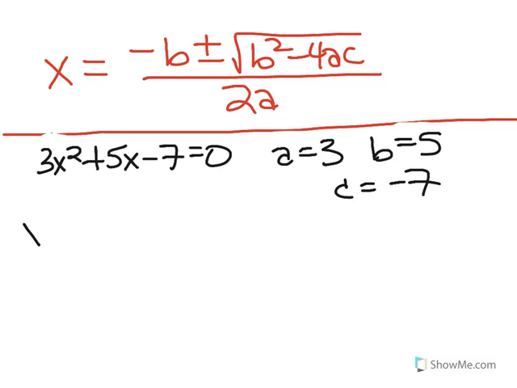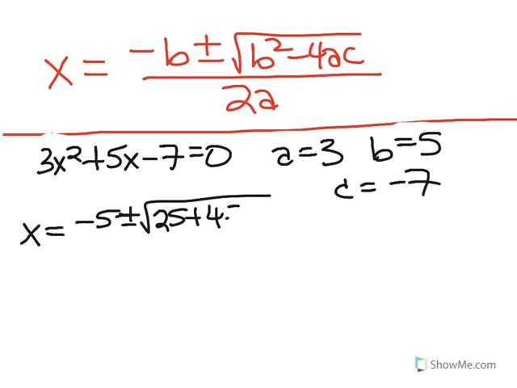Substituting our values then, we have x equals the opposite of b, which would be negative 5, plus or minus the square root of b squared, which is 25, plus 4ac. So we have 4 times 3 times negative 7.